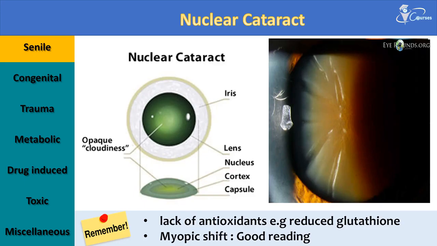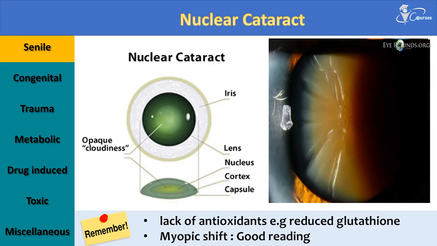Another good thing, an advantage of nuclear cataract, is that it can sometimes improve the patient's visual acuity for near. Those patients whose nuclear cataract occurs due to an age-related process, after 40 years old, develop what's called presbyopia or recession of the near point. They will have problems in near vision. This is because of weakness of the lens.